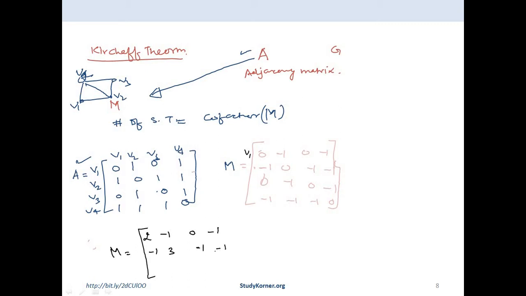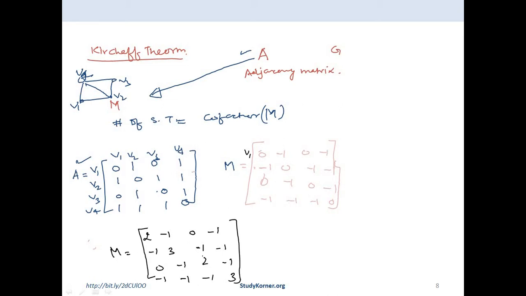The rest of the elements in the second row are the same. Similarly, in the third row, the degree of V3 is 2, so I write 2 here, and in the fourth row all are minus 1, and the degree of the fourth node is 3, so replace it with 3.